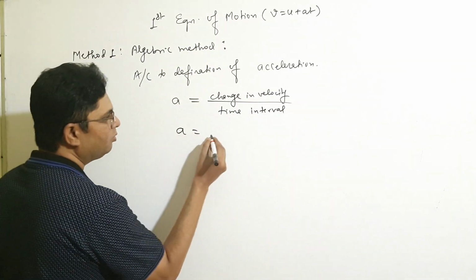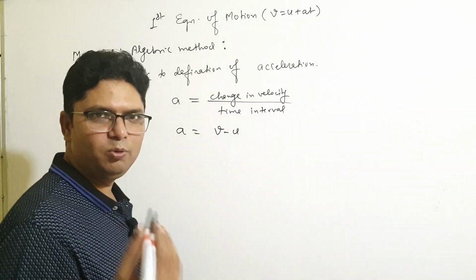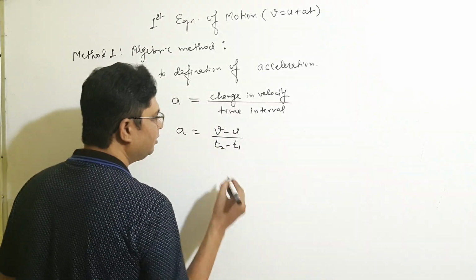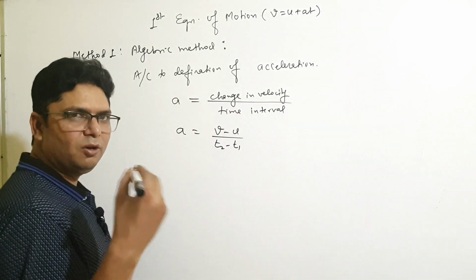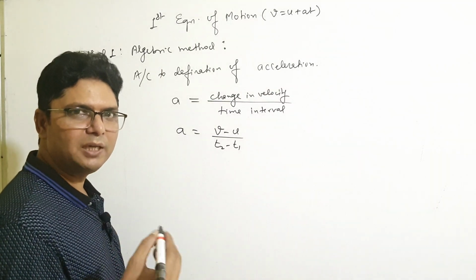So A is equal to V minus U, where V is final velocity and U is initial velocity, divided by time t2 minus t1. As when we start, the time taken is 0.